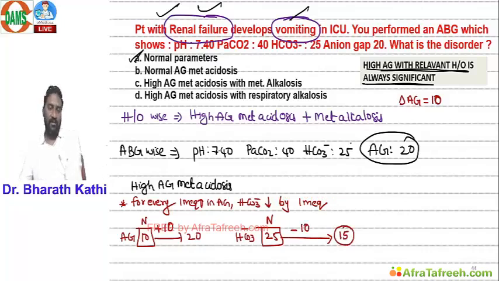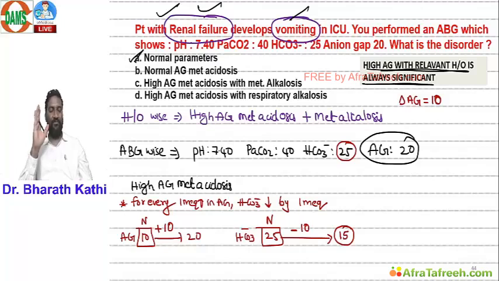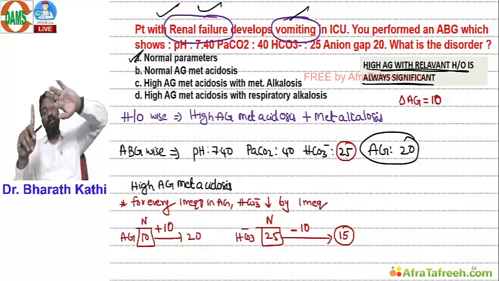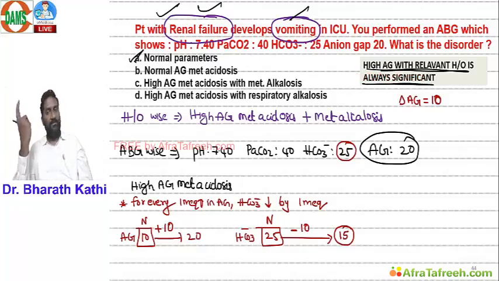But how much is the bicarbonate here? 25. If it was a single high anion gap metabolic acidosis, with anion gap increased by 10, bicarbonate should have stayed at 15 only. But here bicarbonate has increased to 25. It means there is some other disorder adding extra bicarbonate.